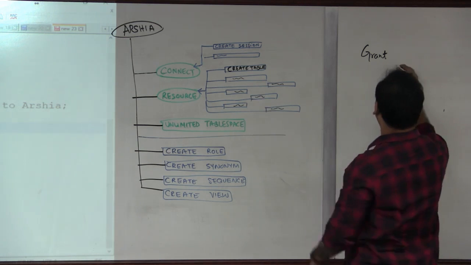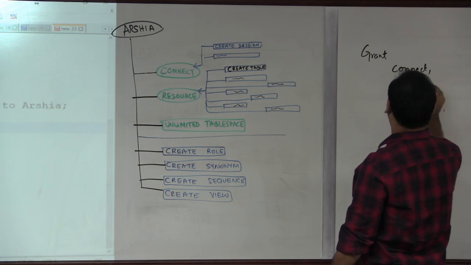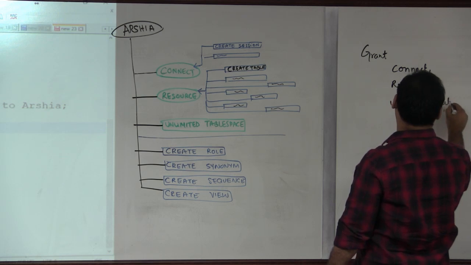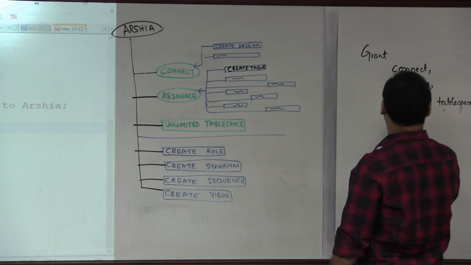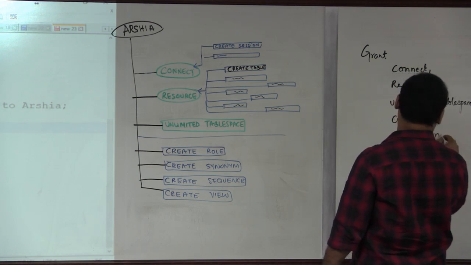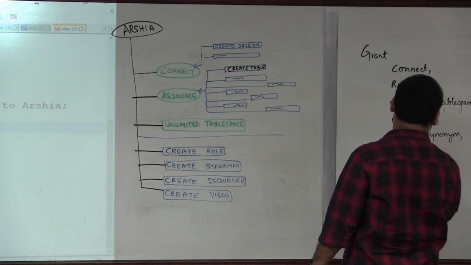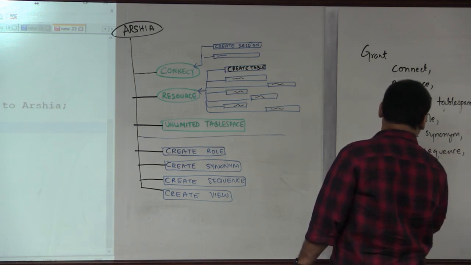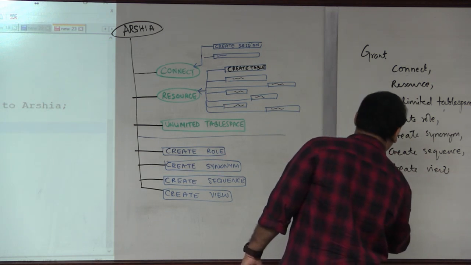Grant, the first one, connect, comma, resource, comma, unlimited tablespace, comma, create role, create synonym, create sequence, and then create view, to Arshia.